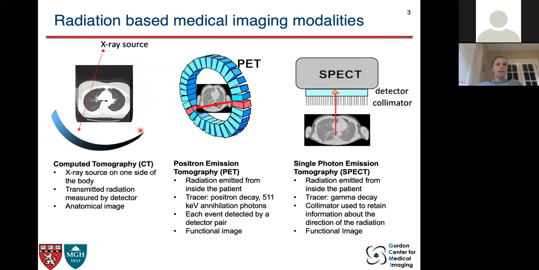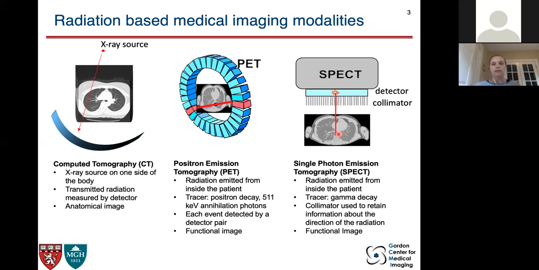So to start, as an introduction, this is an overview of the three main medical imaging modalities that are based on ionizing radiation. I will focus on nuclear imaging modalities, which are PET, positron emission tomography, and SPECT, single photon emission tomography. These two modalities are referred to as emission imaging, since in both cases we have a radio tracer that's administered to the patient, and then we measure the radiation that is emitted from this tracer.